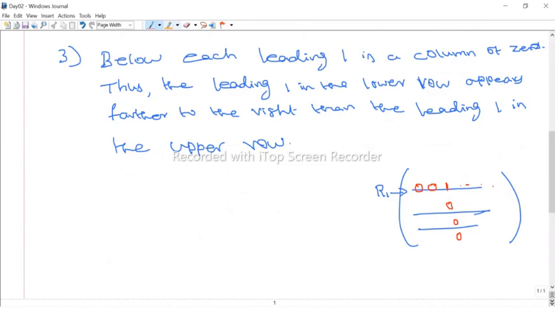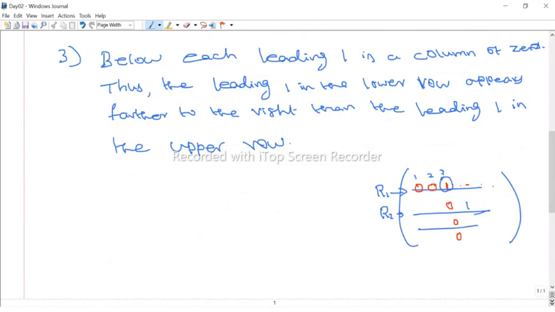Now we scan the second row. Suppose you got the leading one in the previous row in the third position, this is the first position, this is the second position, this is the third column. Then in R2 the non-zero entry should appear after the third column, maybe the 4th, 5th or 6th position.